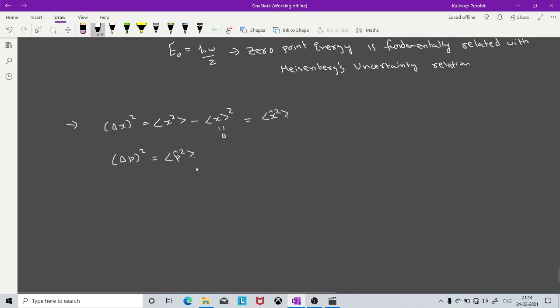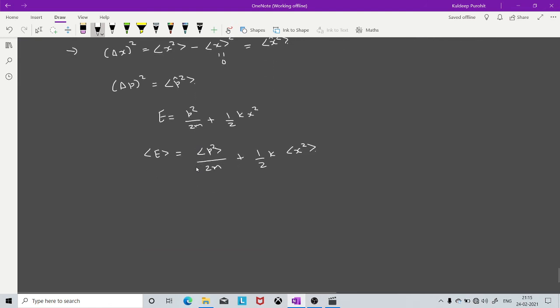If I want to find the energy, you know that the total energy is equal to p square by 2m plus half k x square. If I find the expectation value of this expression, then on the RHS I have to find the expectation value of the p square operator by 2m, plus half into k, which is a constant, times the expectation value of the x square operator.